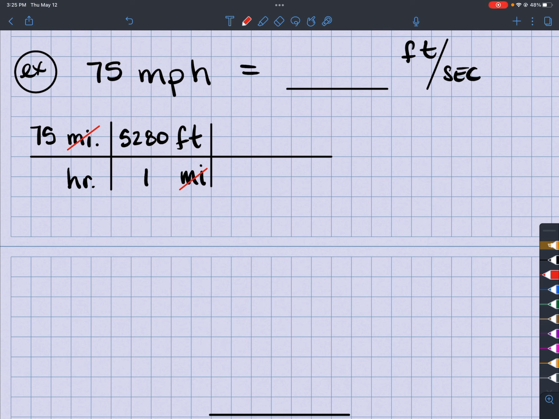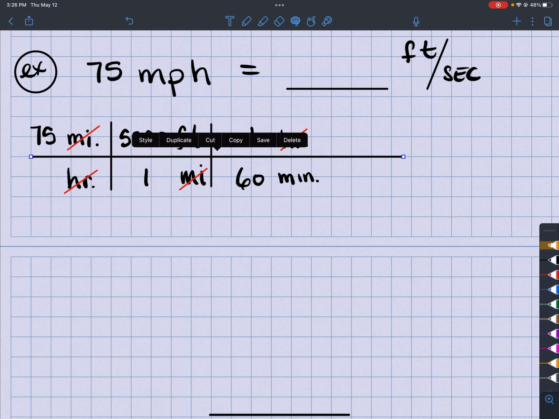Okay, so now I want to focus on the hours. I don't really know how many seconds are in 1 hour, so let's just break it down to minutes. So let's make these hours into minutes. How many minutes are in an hour? Well, I know there's 60 minutes in 1 hour. The cool part is that now the hours are gone. But I'm not done, because this says minutes and I want seconds.